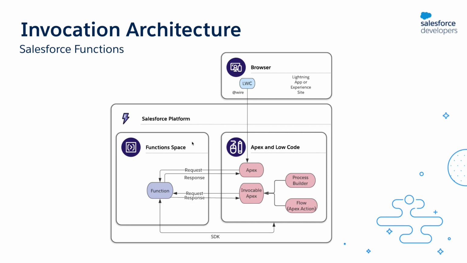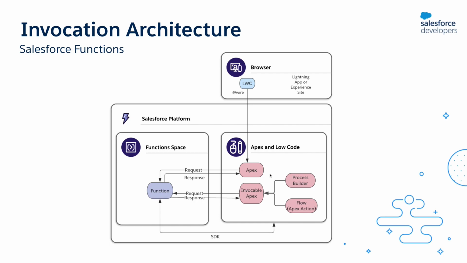So basically, we are going to have the functions space, and I'm going to tell you the technologies with which it has been built in a second. That is where we are going to run our functions, and we are going to be able to invoke those functions from low-code tools and also from pro-code tools. Basically, we are going to be able to invoke them from Apex.